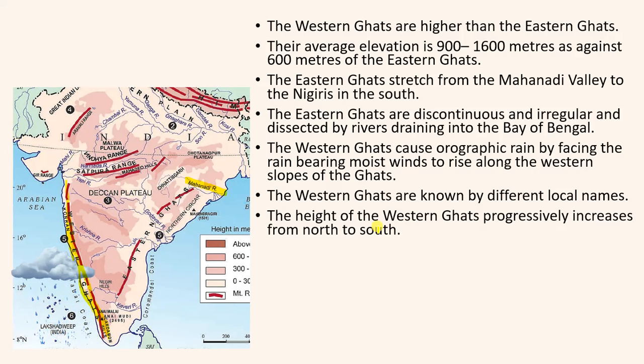The height of the Western Ghats progressively increases from north to south. If we move from north to south, by the color also we can see the colors are becoming darker. So in that way, the height of the mountains in this area is increasing.